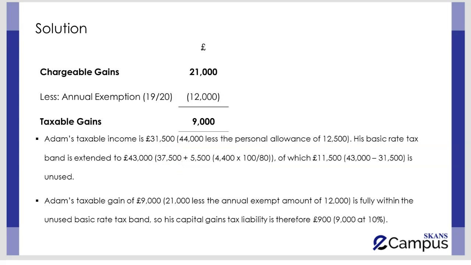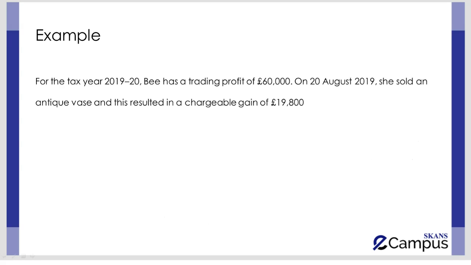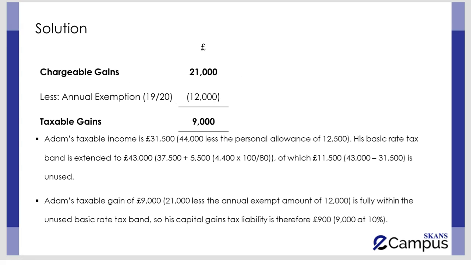As Adam has only one source of income, which is his salary, and there is no other income, this could be called his net income. Against net income, we need to deduct the personal allowance figure in order to determine taxable income, and the personal allowance figure, as we already know, is £12,500. This is how his taxable income was £31,500, for which we need to apply the basic rate band first.